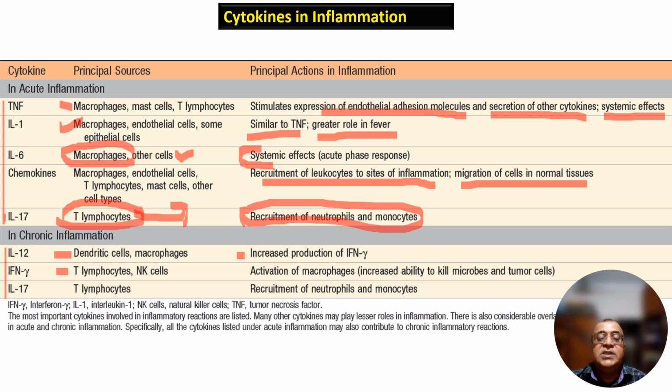They activate macrophages and also increase their ability to kill microbes and tumor cells. Interleukin 17 is implicated in both the acute and chronic response, and in chronic inflammation it is responsible for recruitment of neutrophils and monocytes at the site of the inflammation.